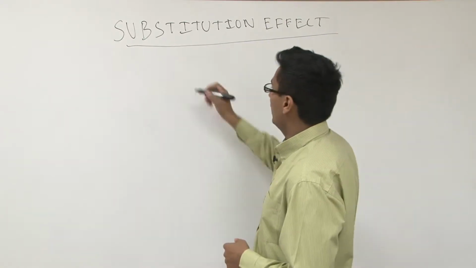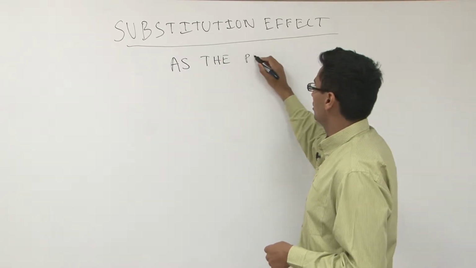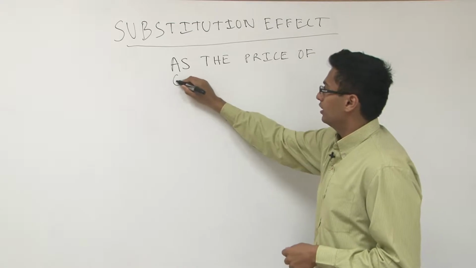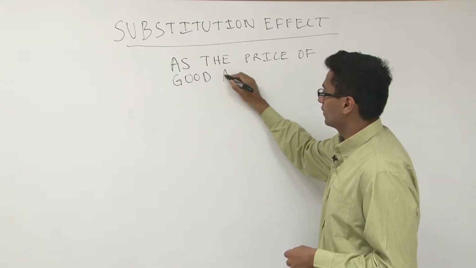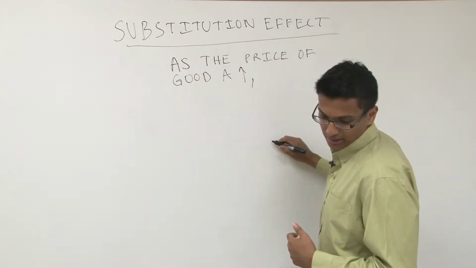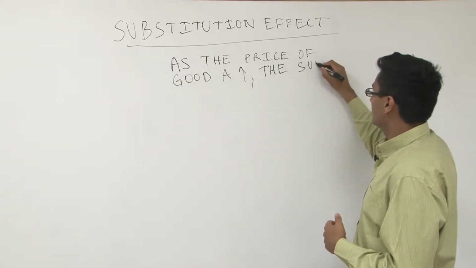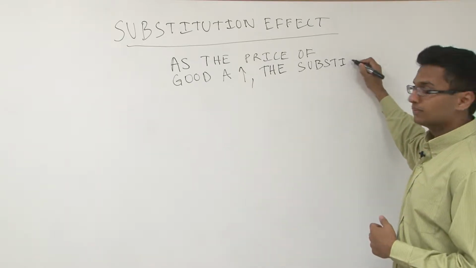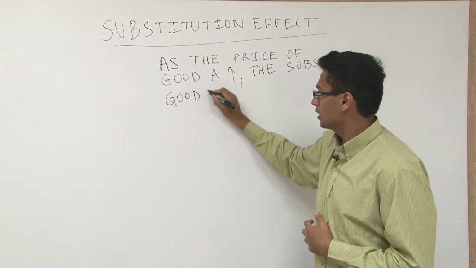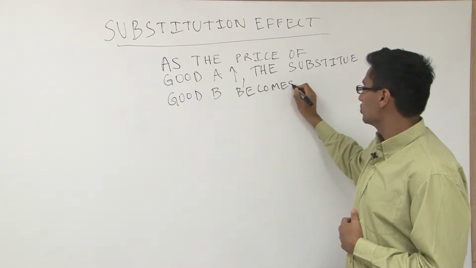As the price of good A rises, and I'm going to just say an upward arrow, this is rises, goes up, the substitute good, whatever it is, we'll call it substitute good B, becomes more attractive to the consumer, okay?